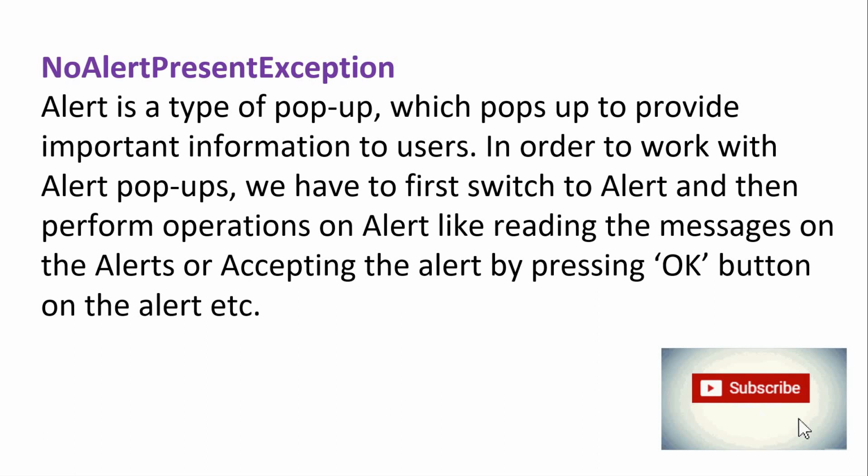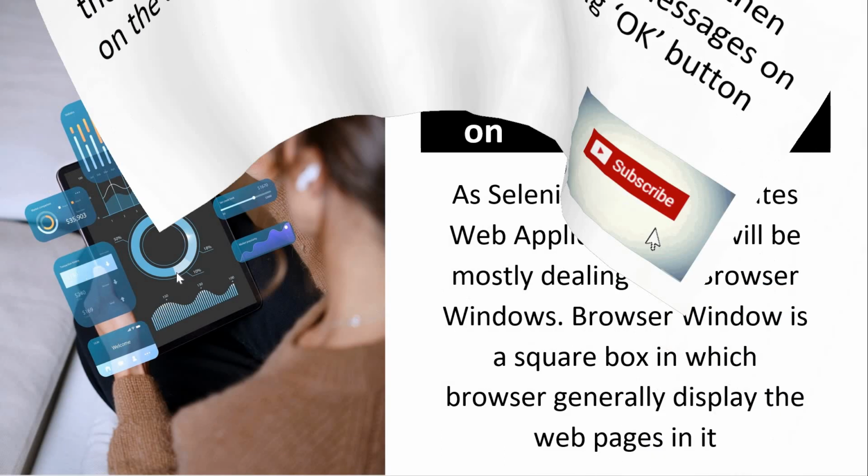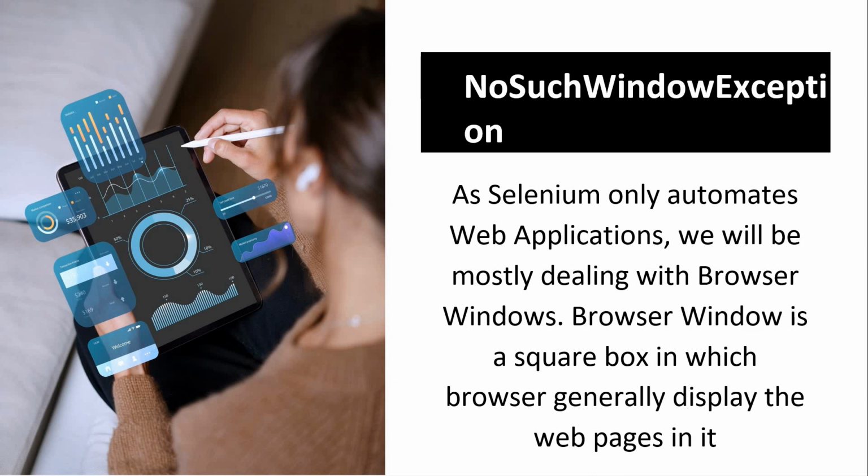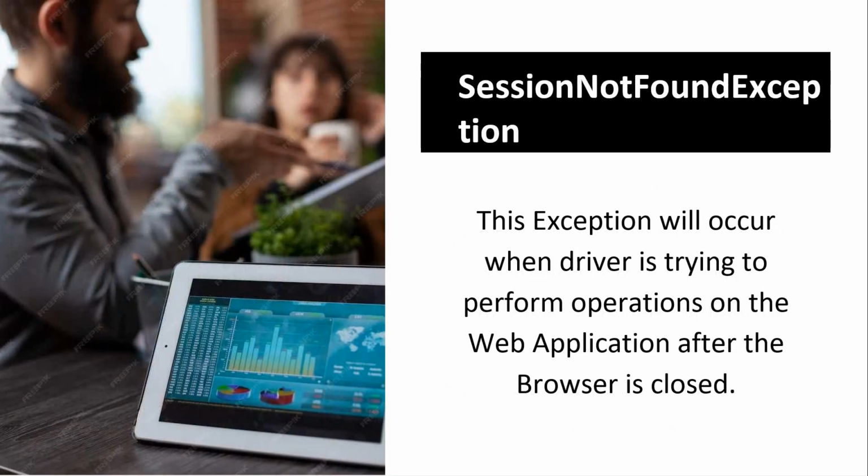Okay, so NoSuchWindowException. As Selenium only automates web applications, we will mostly be dealing with browser windows. A browser window is the square box in a browser that generally displays web pages. SessionNotFoundException: this exception occurs when the driver tries to perform operations on the web application after the browser is closed.